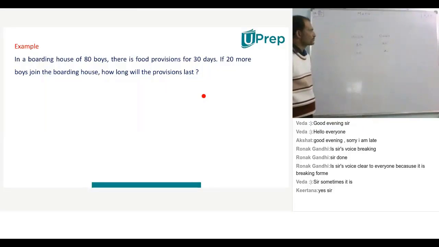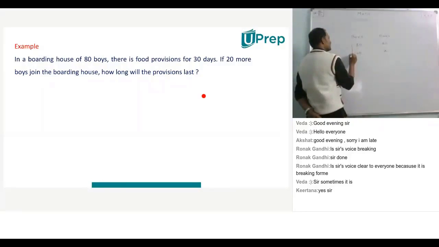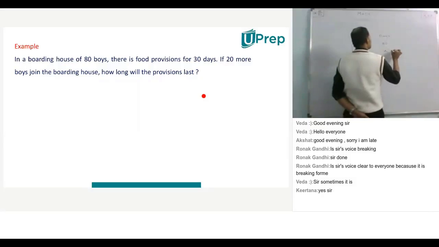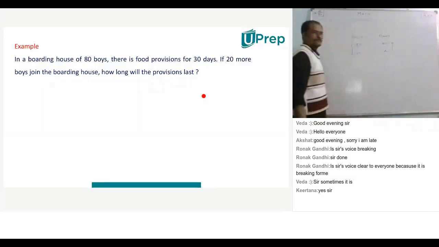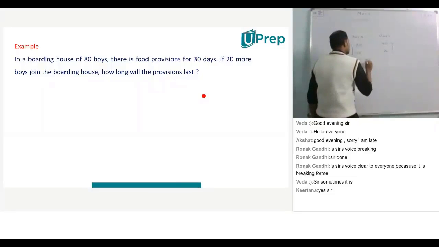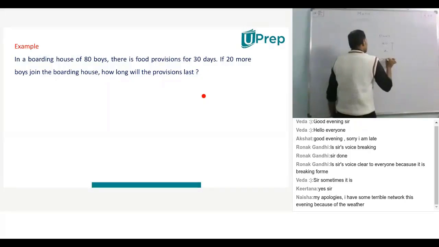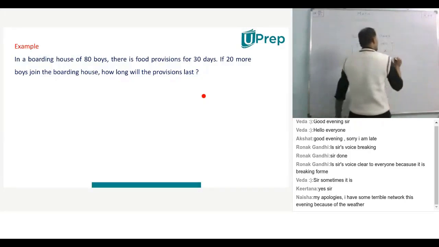We have to do cross multiplication, so it becomes 100 into 30 by 80. That means we will take the ratios in these directions, right? So 80 upon 100, or 80 is to 100, will be equal to X is to 30.